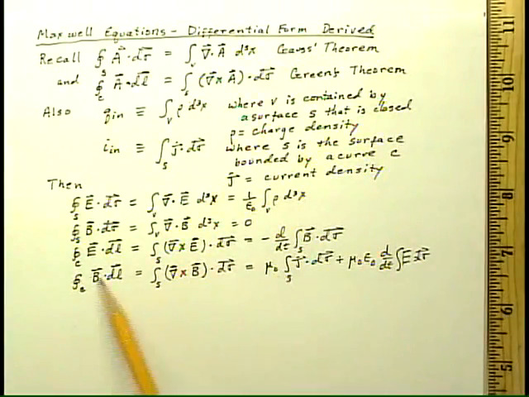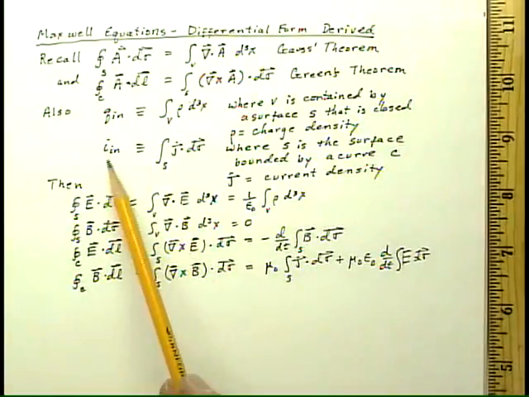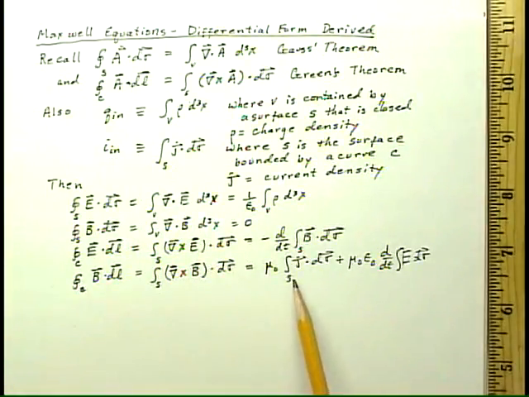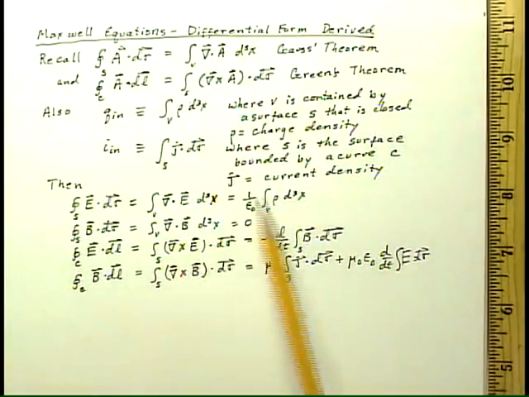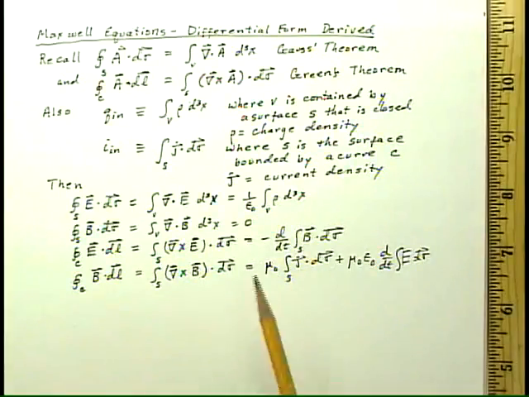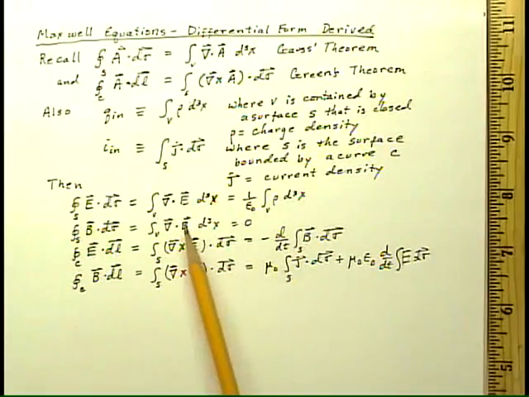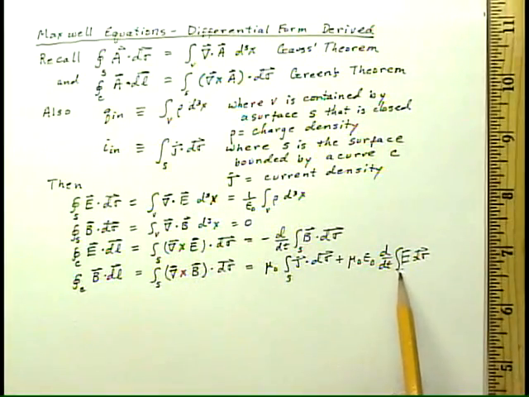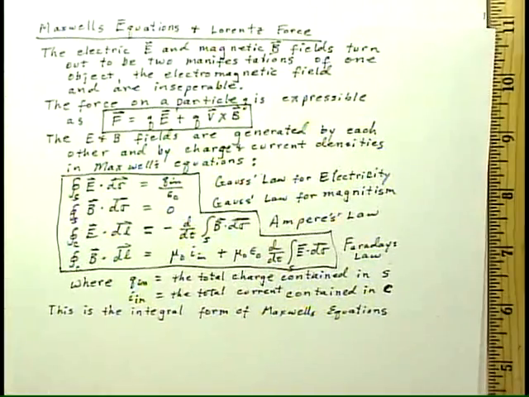Well, the current that's inside this loop, by this equation here, becomes the integral over the surface of the current density. And so what we end up with are these four equations, and you'll notice that these are surface integrals, these are volume integrals, and this is a surface integral over here. So we're going to be able to combine those in the following way.